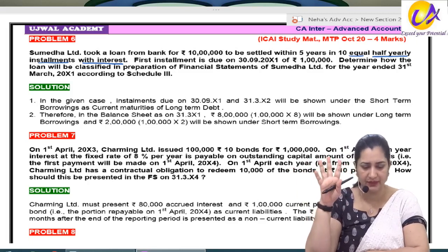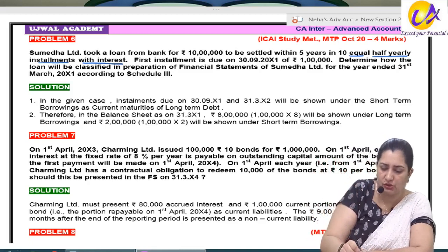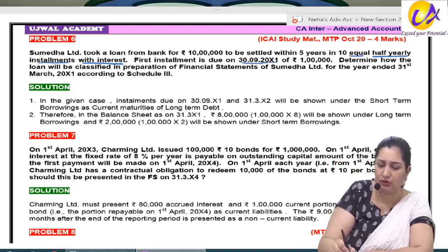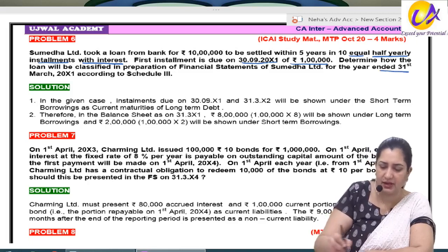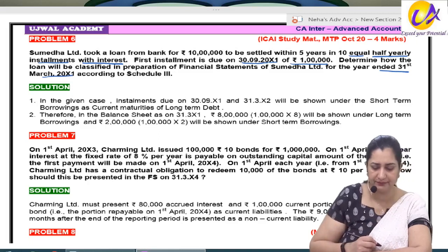Correct? Okay. First installment is due on 30th September X1 of 1 lakh. How will the amount be shown in your financials for the year ended 31st March X1?